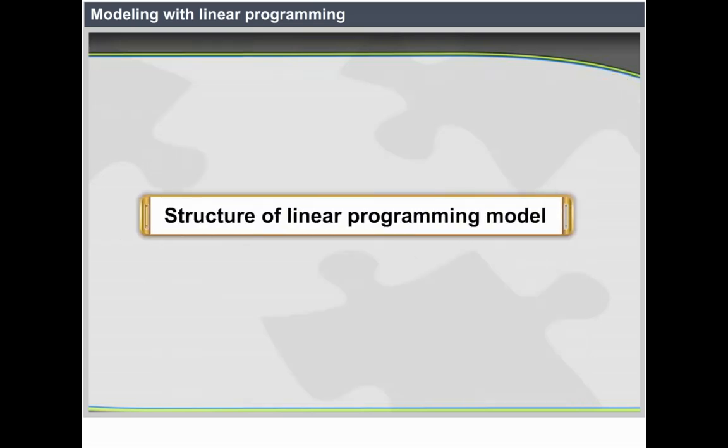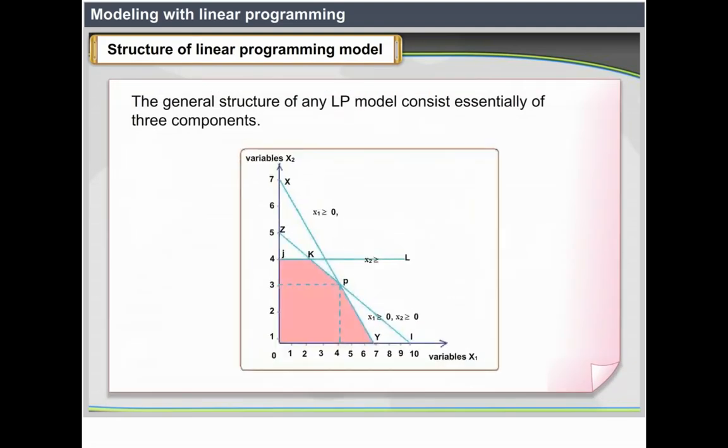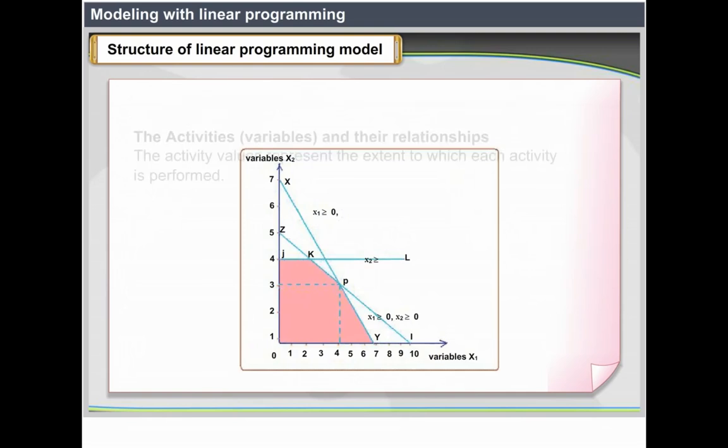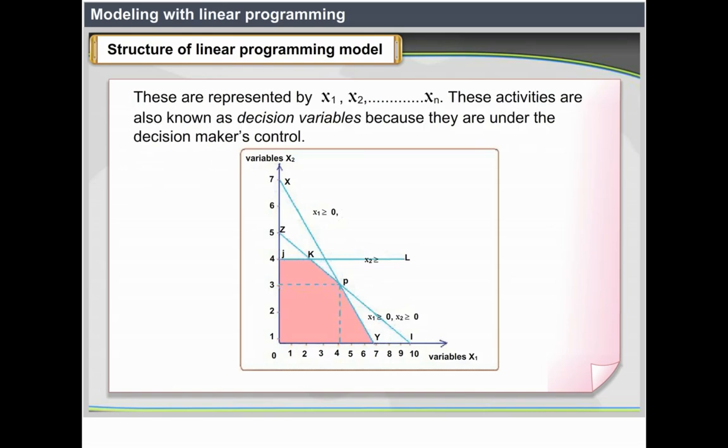Structure of linear programming model. The general structure of any linear programming model consists essentially of three components: the activities or variables and the relationships. The activity values represent the extent to which an activity is performed. These are represented by x1, x2, etc., xn.